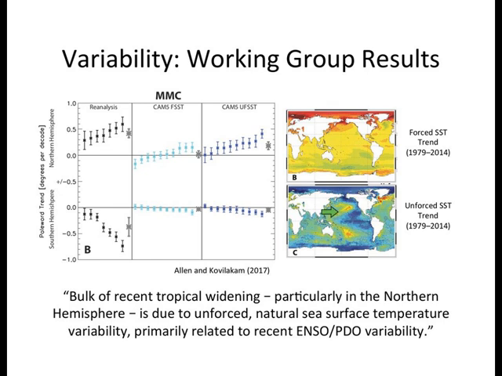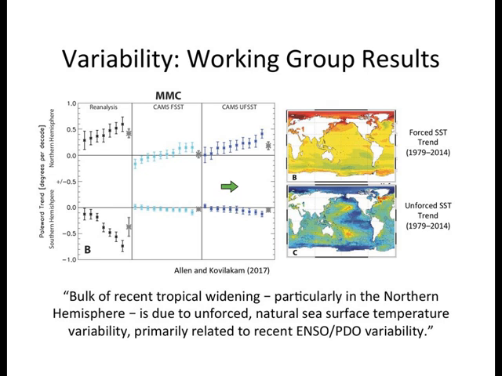So a switch from the warm phase of the PDO in the 80s and 90s to a cooler phase in the 2000s. And when you force the model with the PDO-like SSTs, suddenly you get much higher rates of expansion, at least in some ensemble members in the northern hemisphere. In the southern hemisphere, there's still not that much expansion.